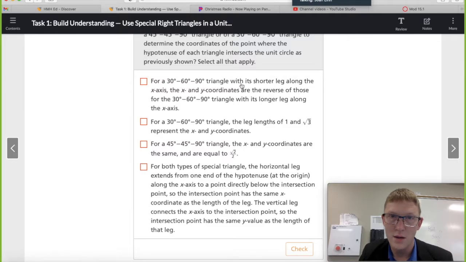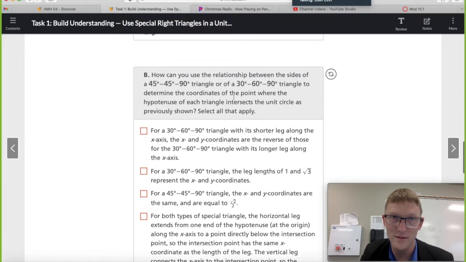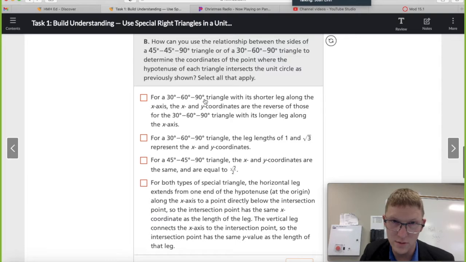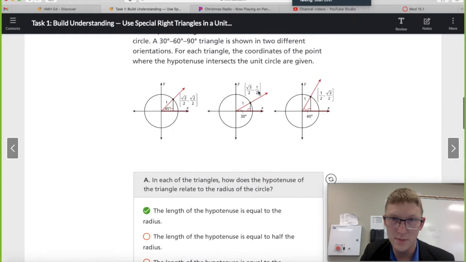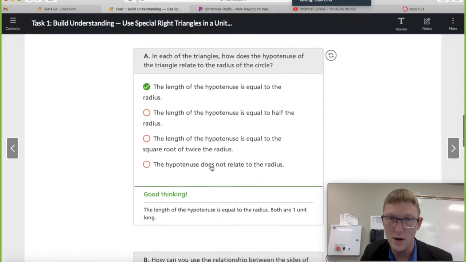For this triangle with its shorter leg along the x-axis, the coordinates are reversed of those for the 30, 60, 90 triangle with its longer leg on the axis. So that's true. If we have square root of 3 over 2, 1 over 2 here, they're going to be reversed if you switch that triangle around.